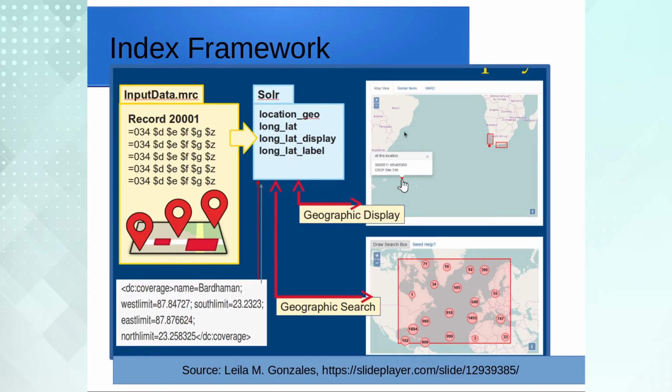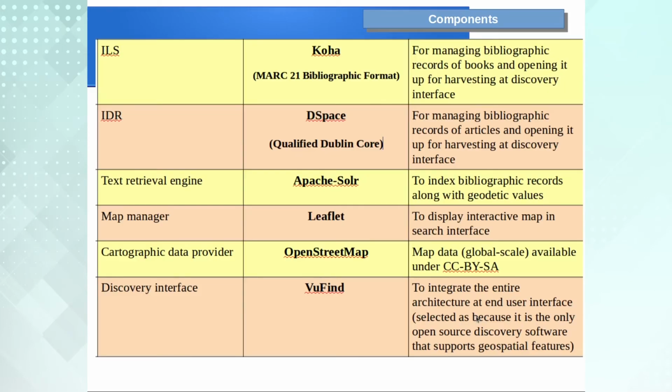After indexing, we can display the map associated with a particular resource through the map tab view, or we can utilize this geographical map during search inside the search interface, so that people can use it.